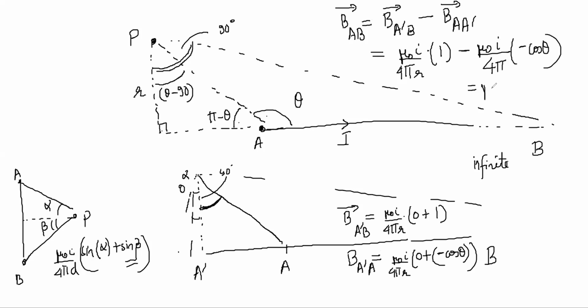So it becomes mu naught I by 4 pi r times 1 plus cos theta. Due to A dash, the field is outside the plane, correct. And even due to AB, it's also outside the plane.